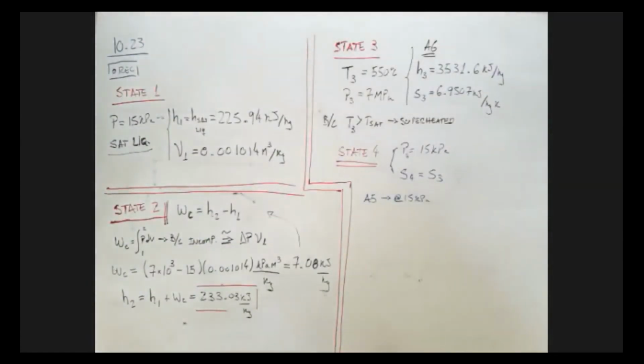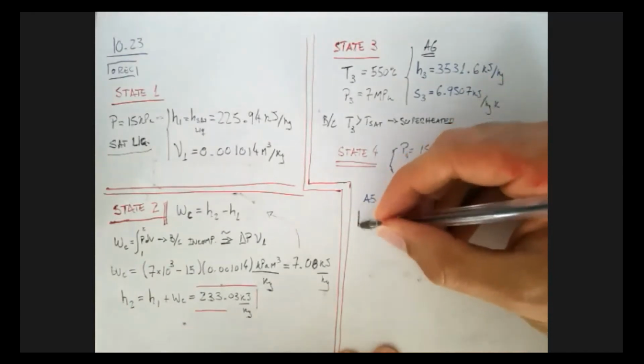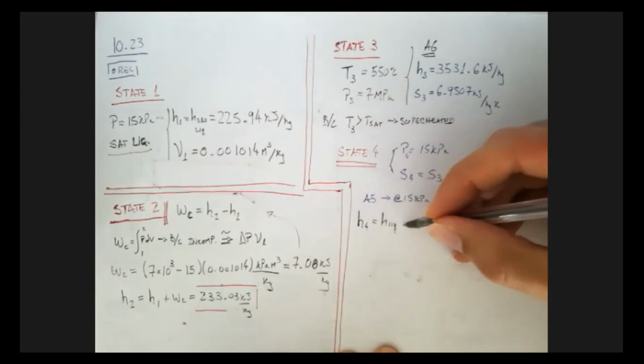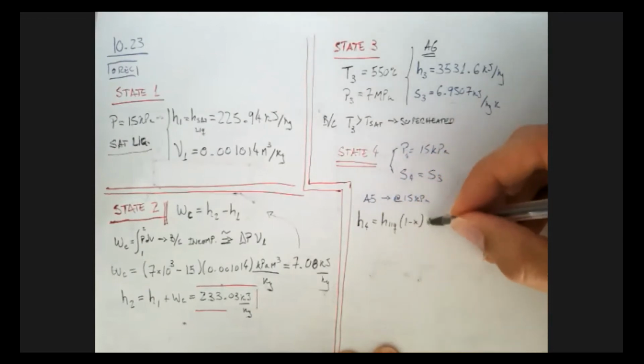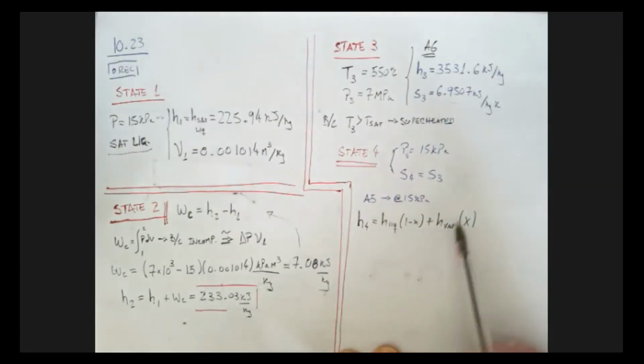Okay, what's the quality? How much vapor do I have, and how much liquid? Why do I want to know that? Because if we're after the enthalpy of the fourth state, that's going to be a combination of the liquid, times 1 minus the quality, and the saturated vapor times the quality. Now, this we can grab from the table, this we can grab from the table, but the quality we don't know yet. So if we find the quality, we can find our enthalpy 4.